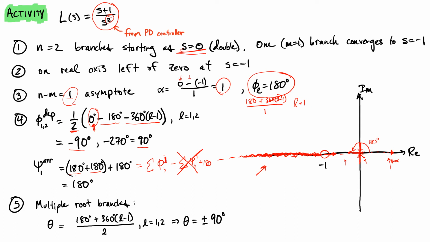It just kind of spirals around. And so the angle that it's pointing is 180. That's the same thing as saying that the arrival at this 0 is simply coming from the left. And that's what we already knew because it's on the real axis to the left of that 0.